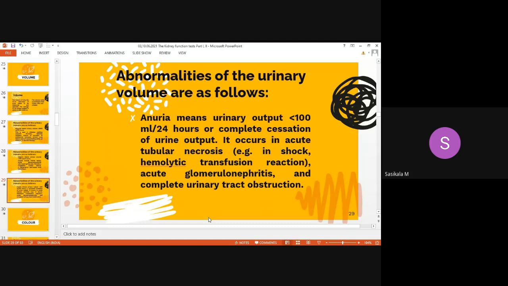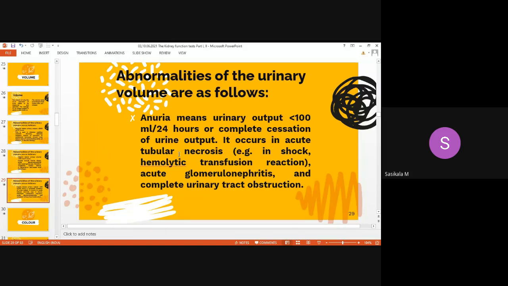And another one is anuria. This means urinary output less than 100 ml per 24 hours. Very low urine output is found in 24 hours, and complete cessation of urine output occurs. So that is called anuria. An means absent; absence of urination occurs. That means less than 100 ml urine output is found.